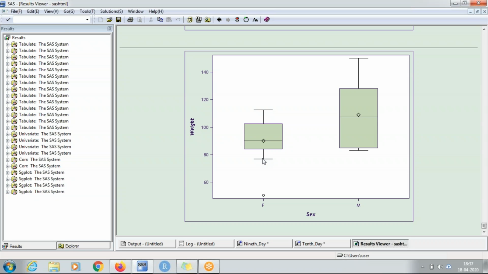Now, what are these whiskers then? These are the boundaries from where we will start looking for outliers. So when I say something is an outlier, how do I get to know? Any data point beyond this would be an outlier. This is your outlier. Any point above this point is an outlier.